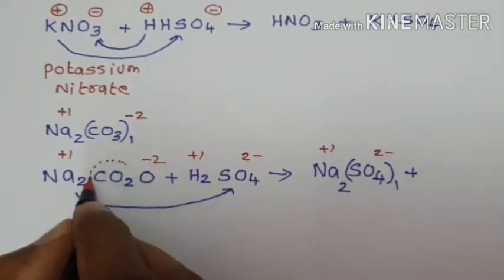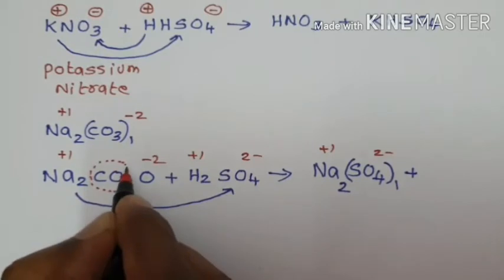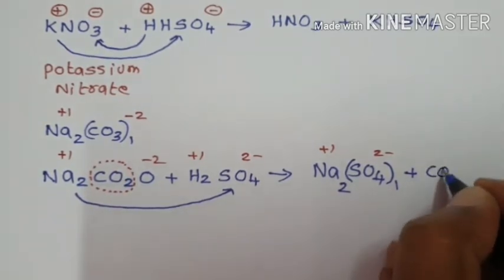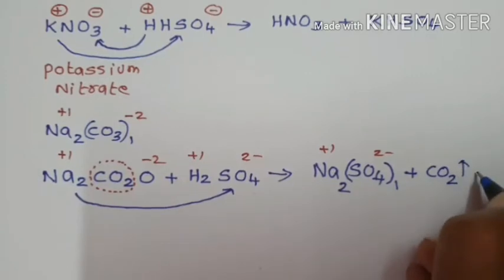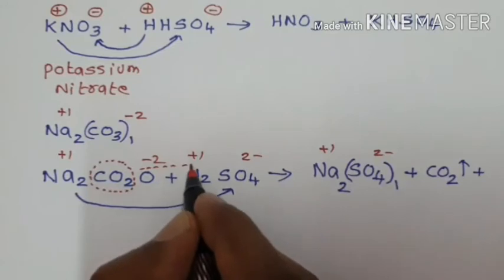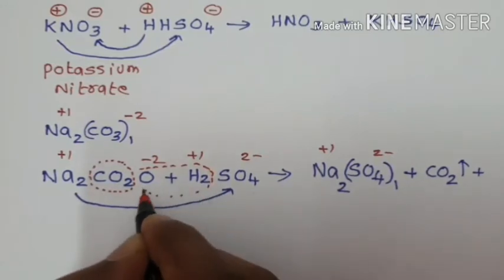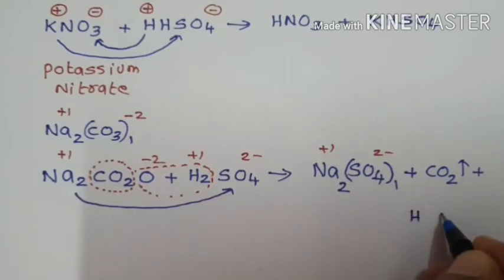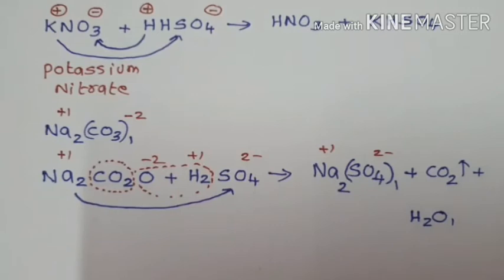carbonate always liberates carbon dioxide. CO2, carbon dioxide is liberated, plus this hydrogen and oxygen is removed as H2O. How? Hydrogen combines with oxygen. Oxygen is a 2 minus ion, hydrogen monopositive.